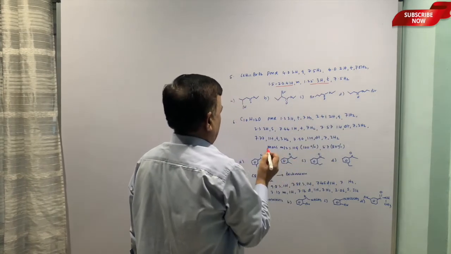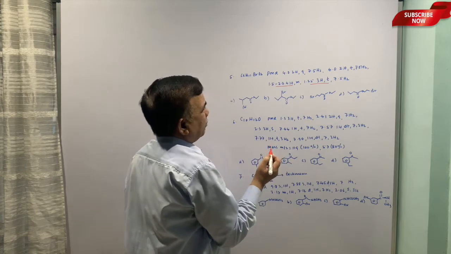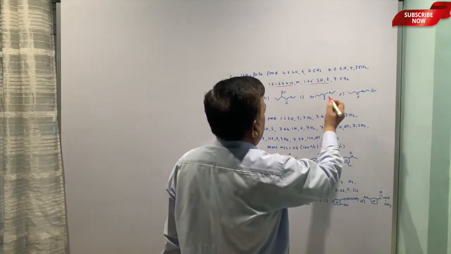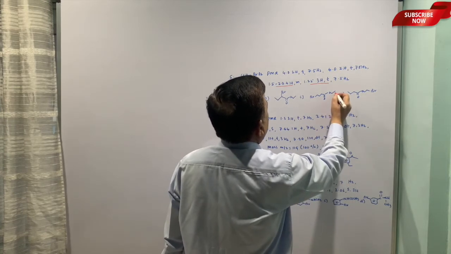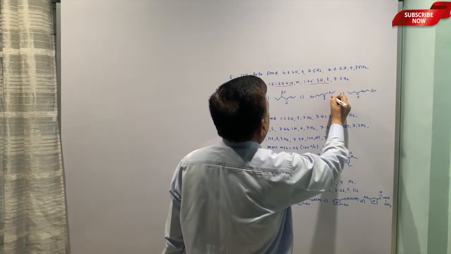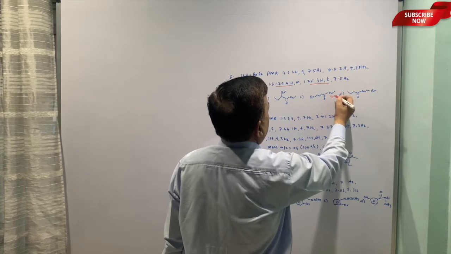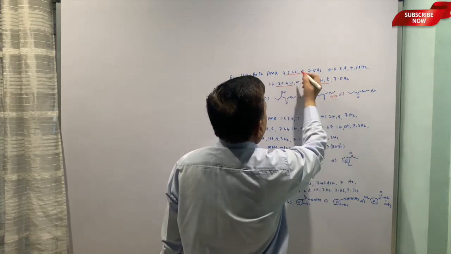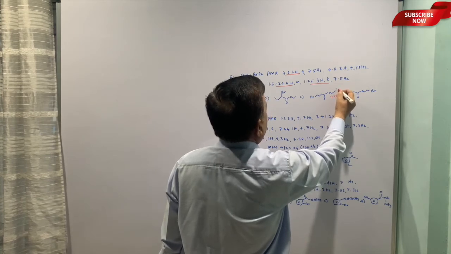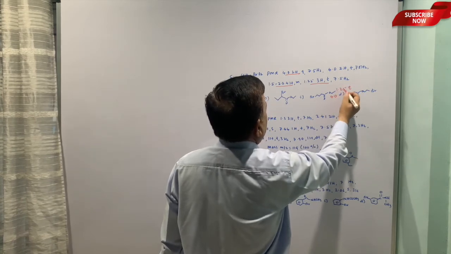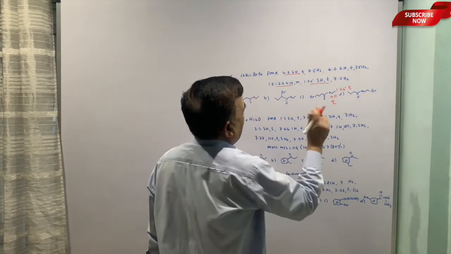Okay. So if you look at the structures carefully, you can see that this is the 4 delta quartet, and this one is the 1.25 triplet. Okay, this is the quartet. So that part is over.